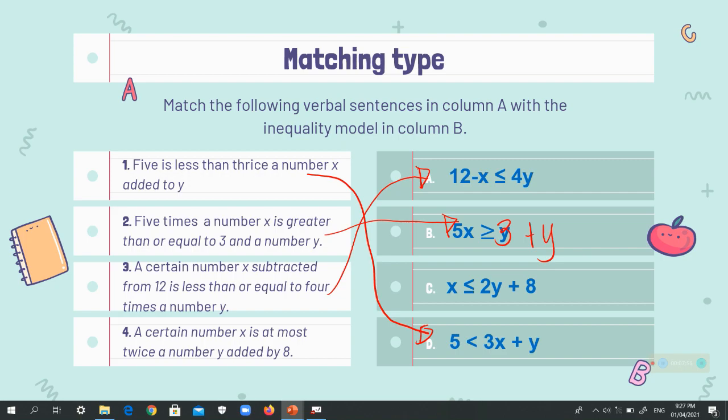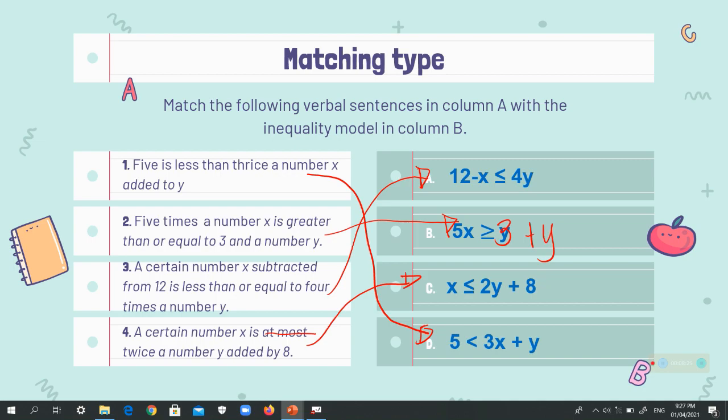Your answer here is letter C. At most means it should be the most, the greatest number, which is twice a number Y added by 8.